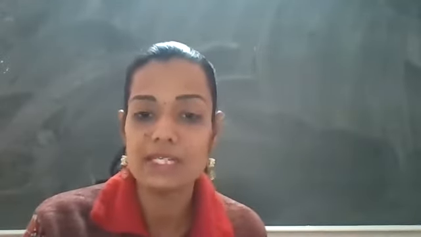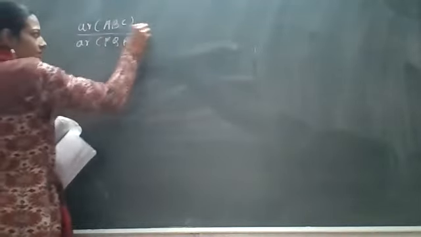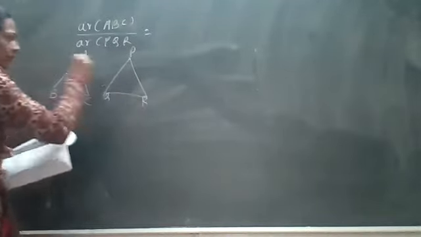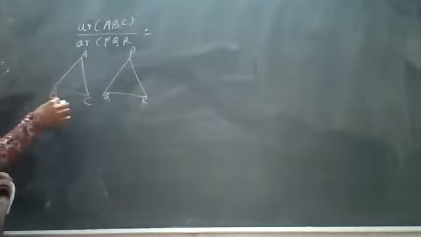So I am writing what we have to prove now. Here we have to prove that area of triangle ABC upon area of triangle PQR is equal to. First we have to draw the triangles. Here I am drawing it: ABC is there and here it is PQR. Which side is corresponding to which side?